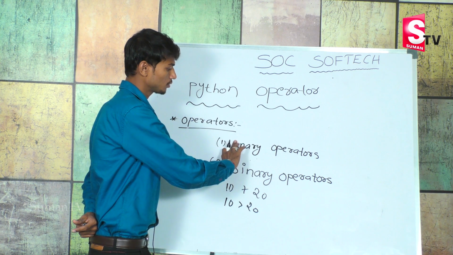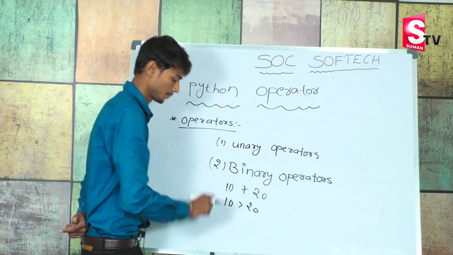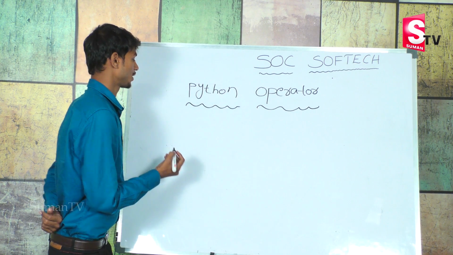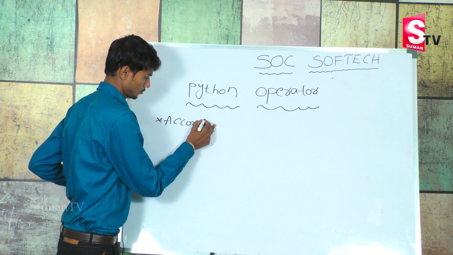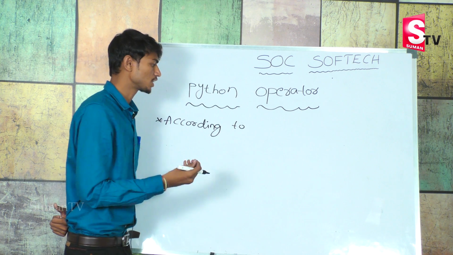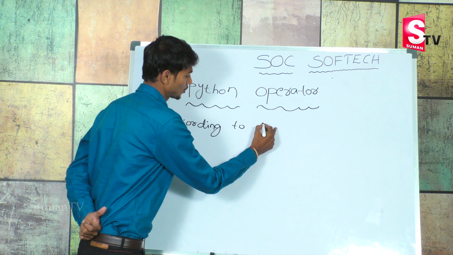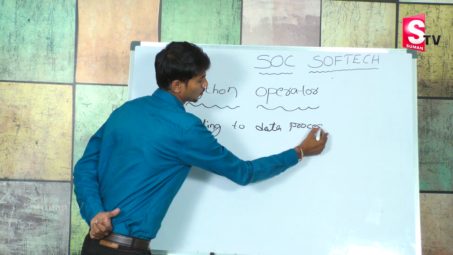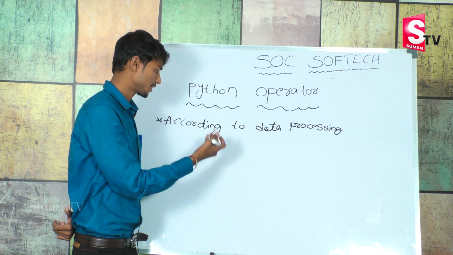So these are the operators classified by the number of operands participating in the data processing. Now, according to data processing, we have different kinds of operators.